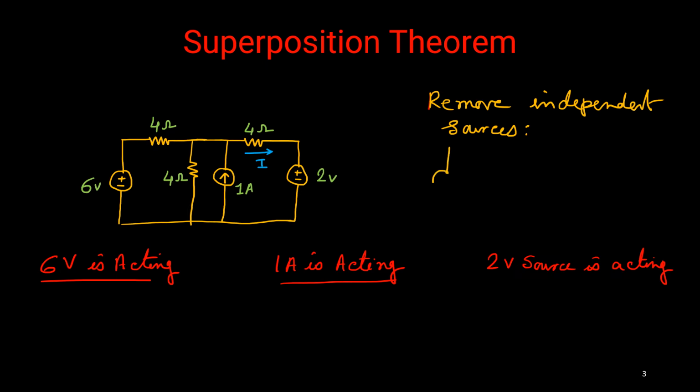If it is a voltage source, that is replaced by a short circuit, because voltage 0 means shorted. And if it is a current source, then current is 0, that implies that it is an open circuit, so you should make it open.